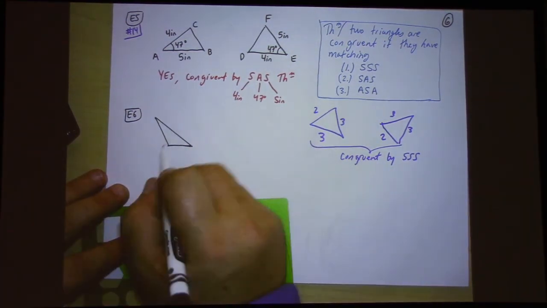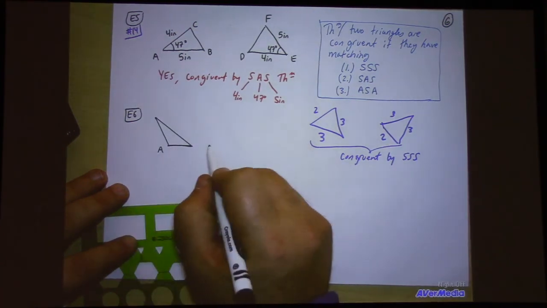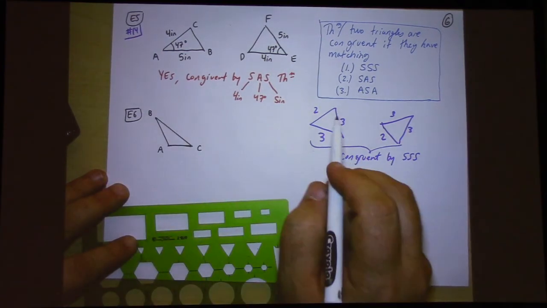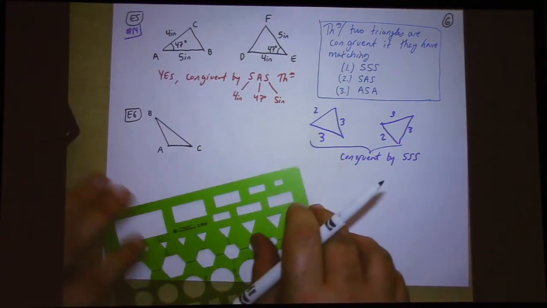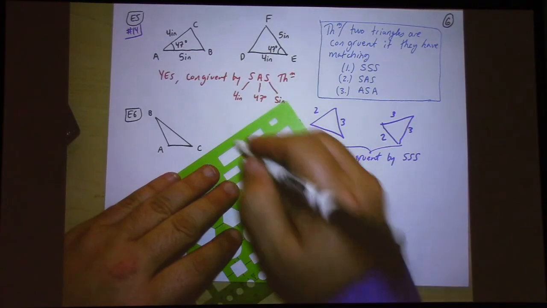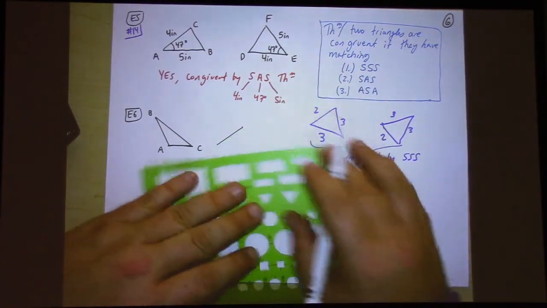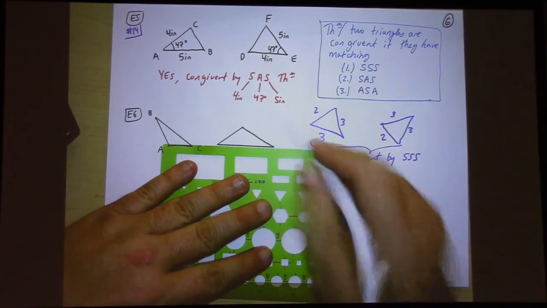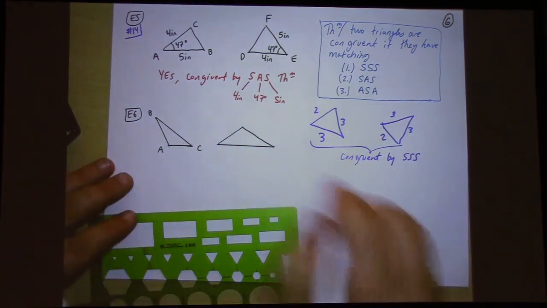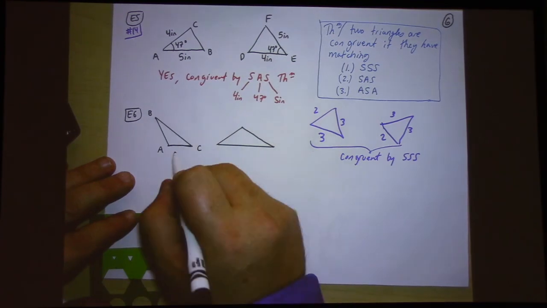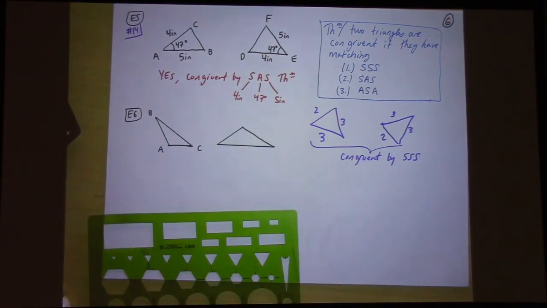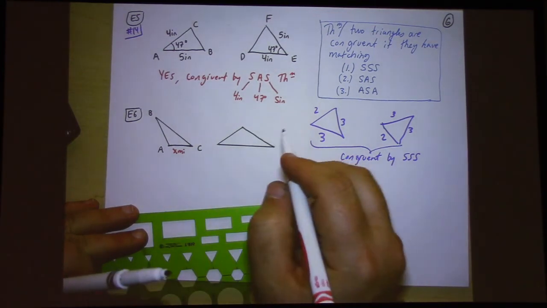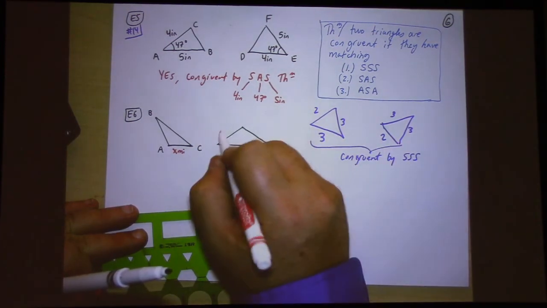Let's see here. So here we've got A, we've got C, we've got B, and over there I've got a picture like this. I'm drawing it as best as I can, guys. They label X miles here and Y miles there.